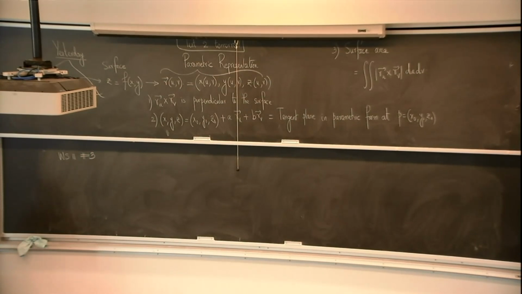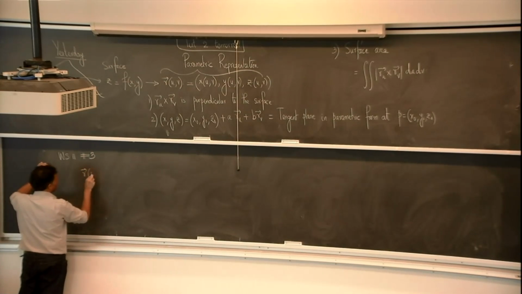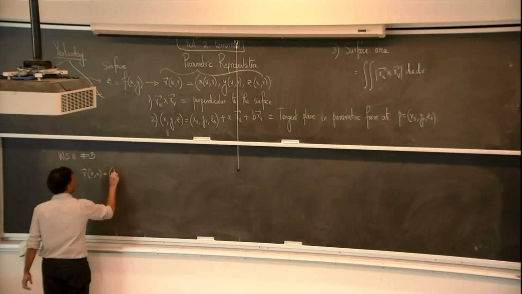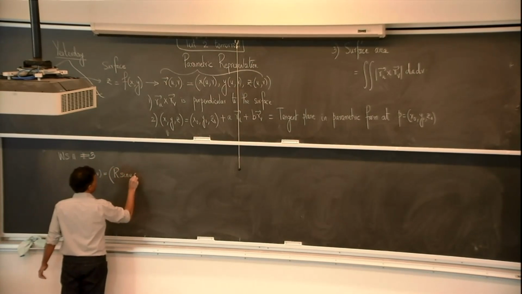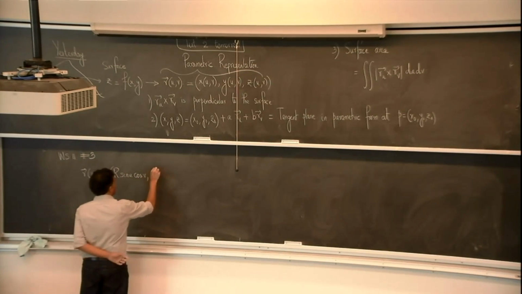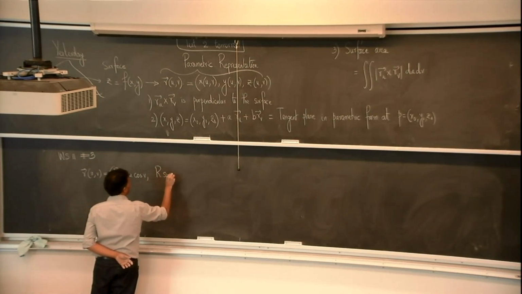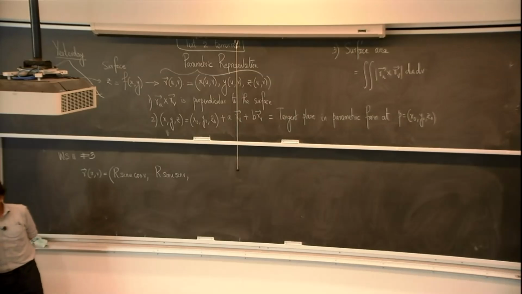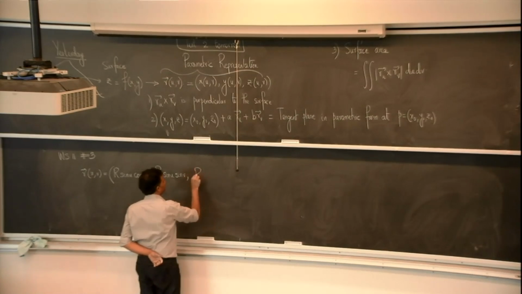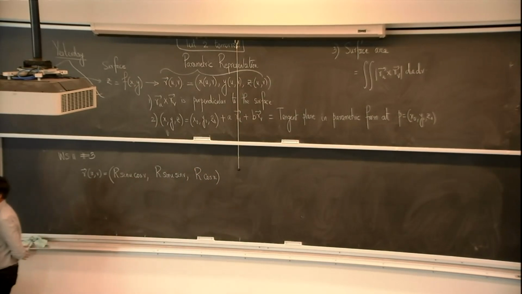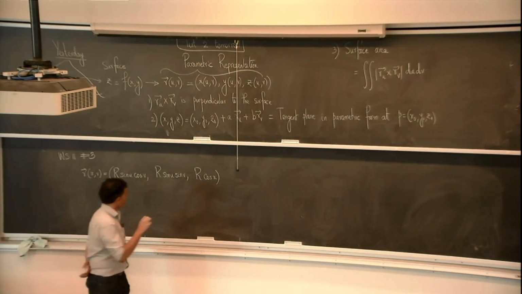So I'll write the parametric form, which is given in the question, and let me see if you understand this or not. r(u,v) equals capital R sine u cosine v, capital R sine u sine v, and capital R cosine u, where u goes from 0 to pi, v goes from 0 to 2 pi.